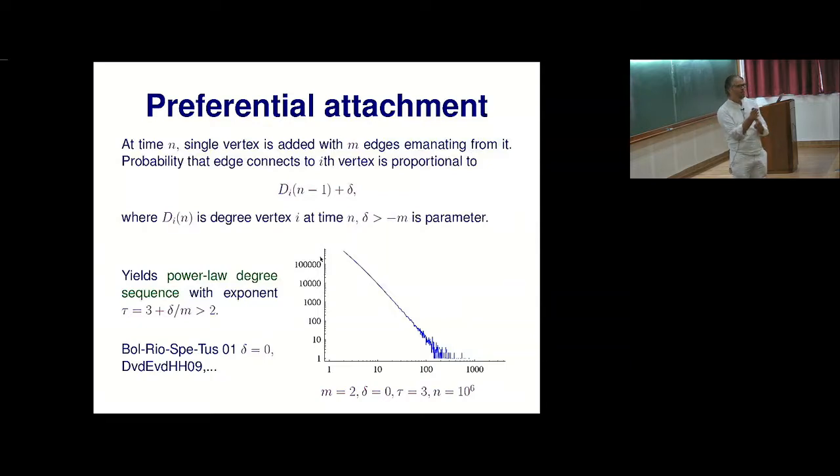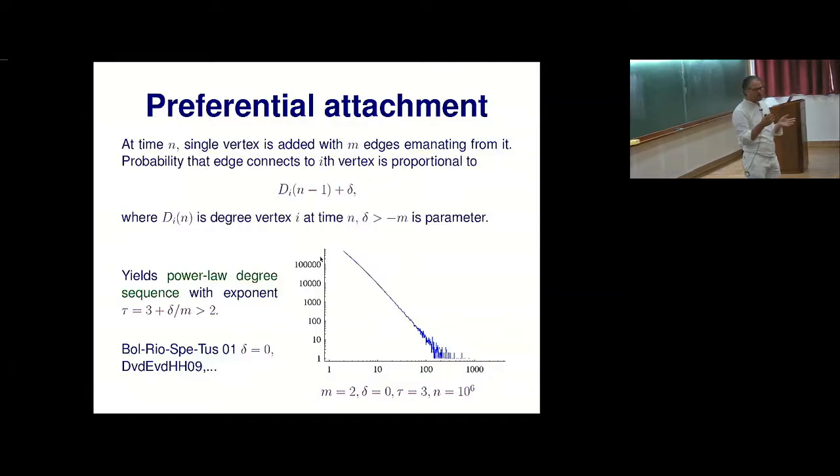It has m possible edges to share to the older individuals, and it will choose the endpoint of every one of these edges according to a probability that is proportional to the degree of the vertex to which you're attaching. If that degree is very high, then you're more likely to attach to that vertex. Of course, I'm saying this for one edge. You have to think about the joint distribution, and this is exactly what Albert and Barabasi didn't do.